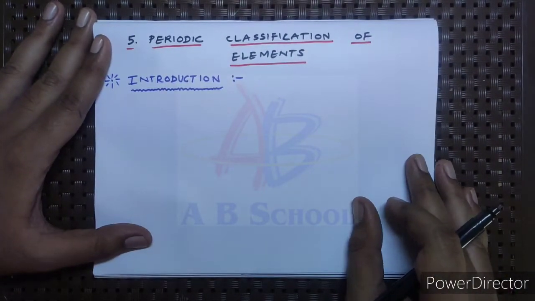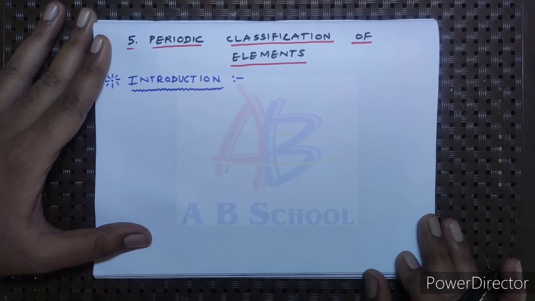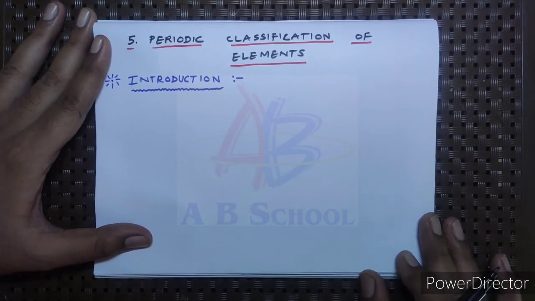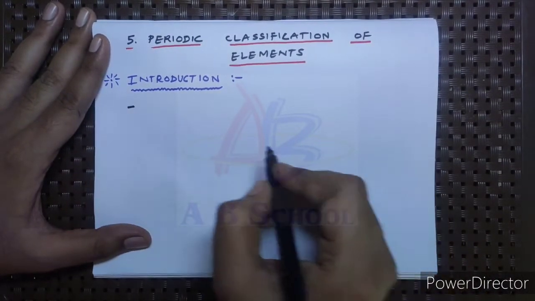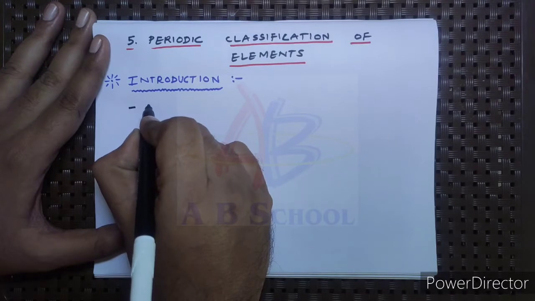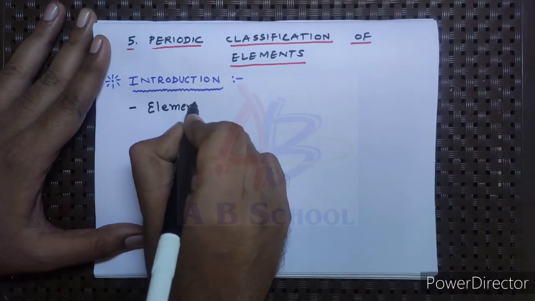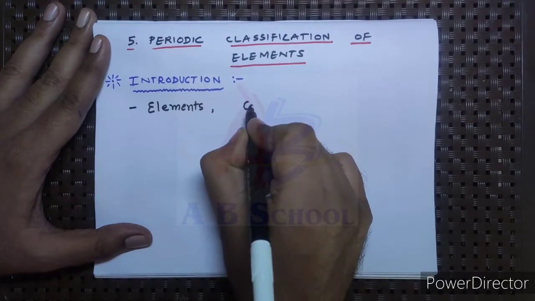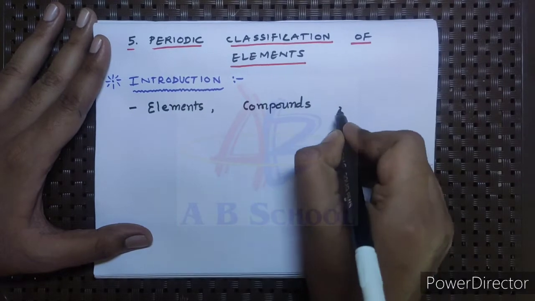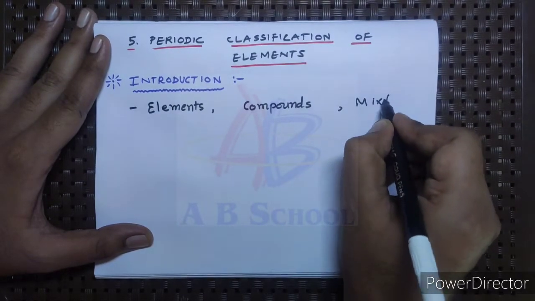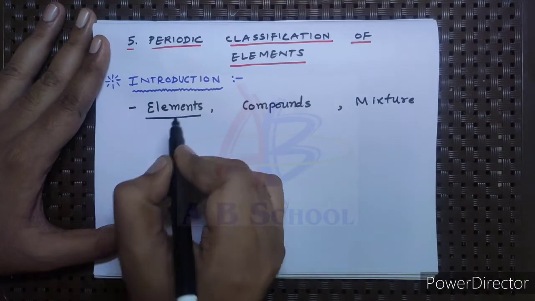First of all, in the last standard, that is in ninth standard, all of you have studied that substances can be classified into three parts, namely elements, compounds, and mixtures. Do you remember what is meant by elements?